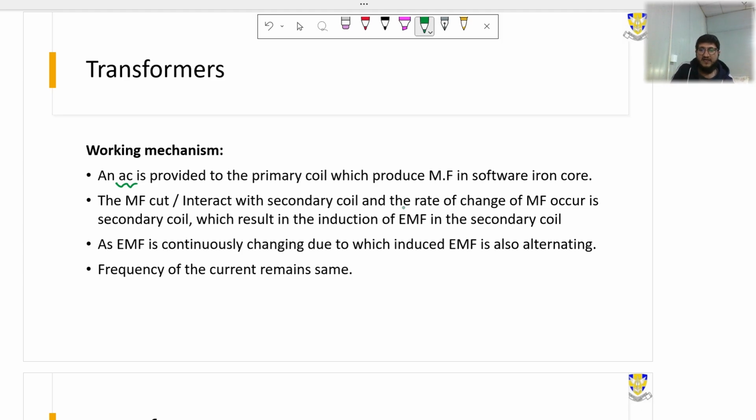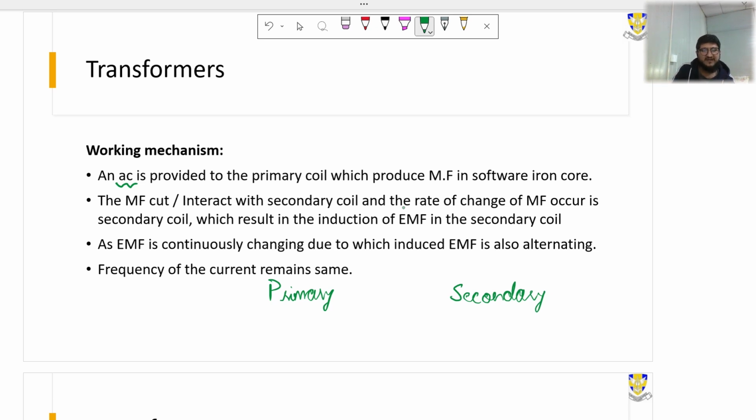For example, let's suppose this portion represents the primary portion of the transformer, and this portion represents the secondary portion of the transformer. Okay, I'm talking about the coils, the number of coils in the primary and secondary.